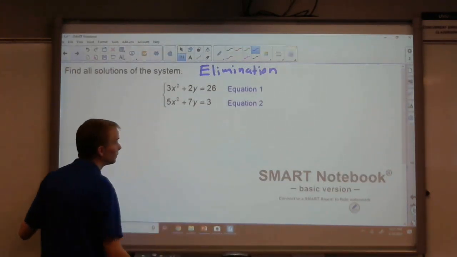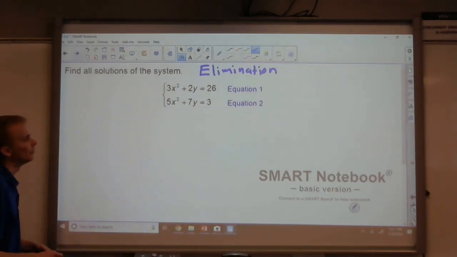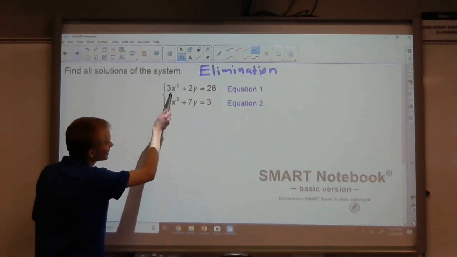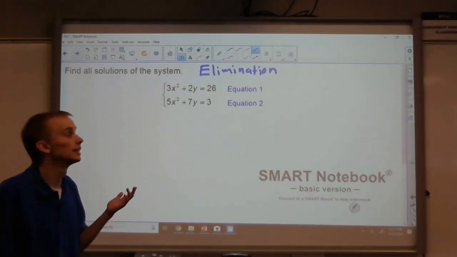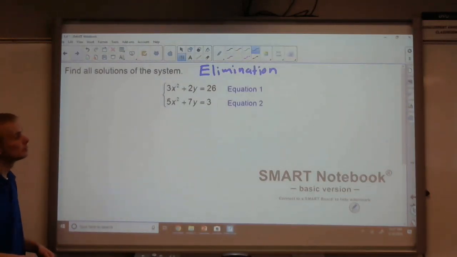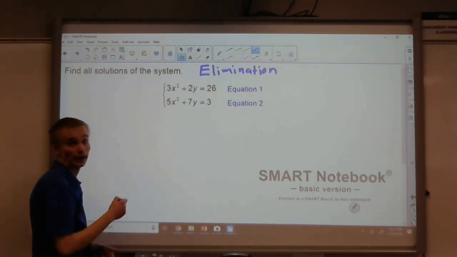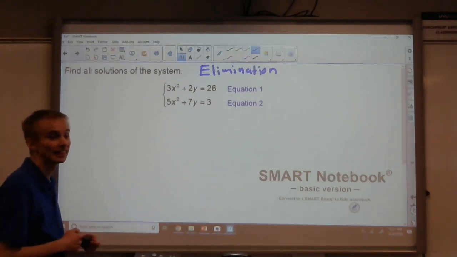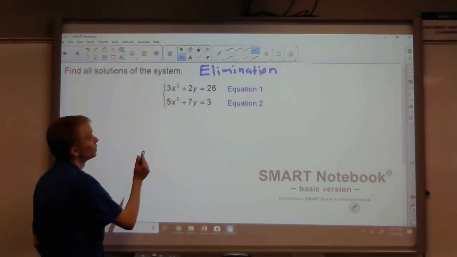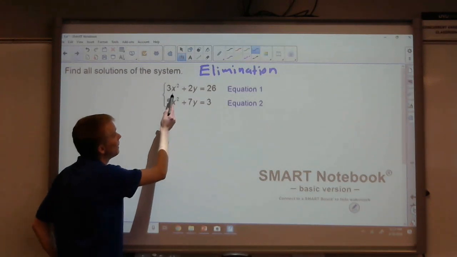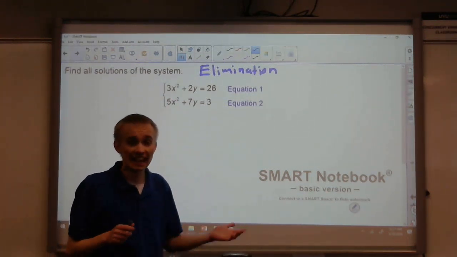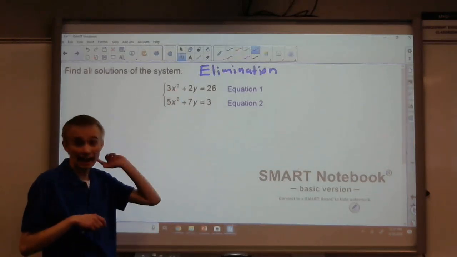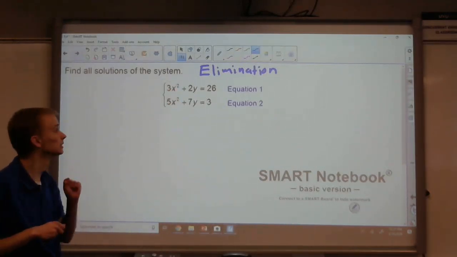So let's do elimination. And I can eliminate either x squared in the equation or I can eliminate y. It doesn't really matter. I'm going to eliminate x squared. Okay, I'm going to get that out of the equation. So to do that, I need to make these opposite signs and the same numbers so that when I add them together, they cancel out to 0.